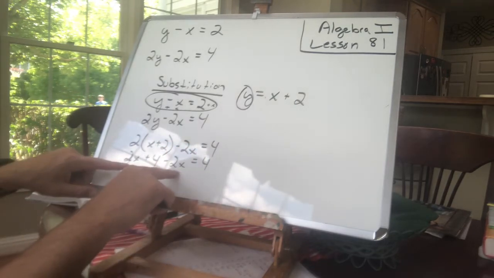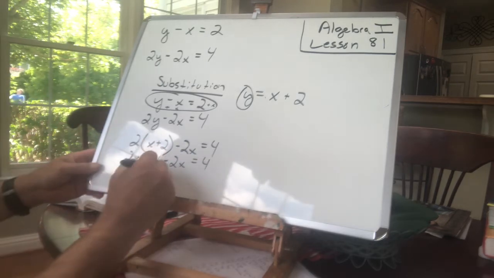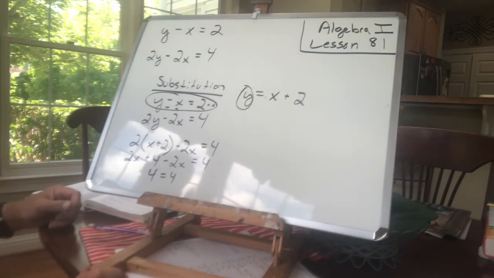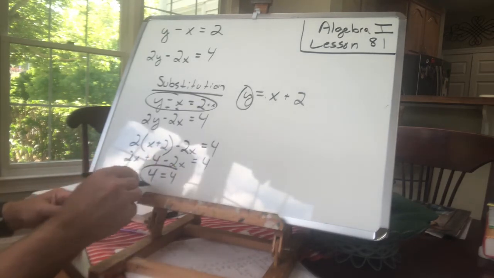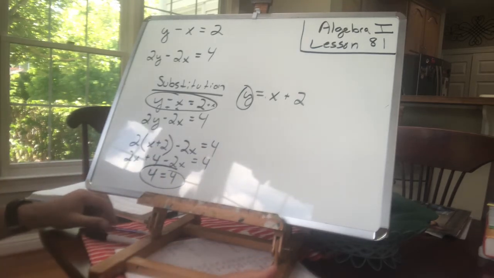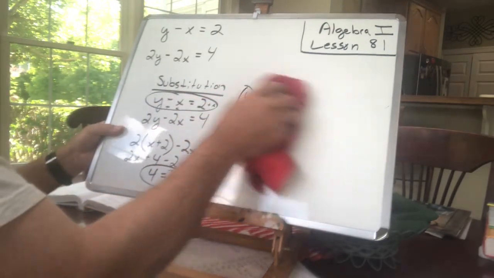Well, these are like terms right here. One's positive, one's negative. 2x minus 2x is 0, and I'm left with 4 equals 4. So with the substitution method, yes, I have confirmed that these are dependent equations.